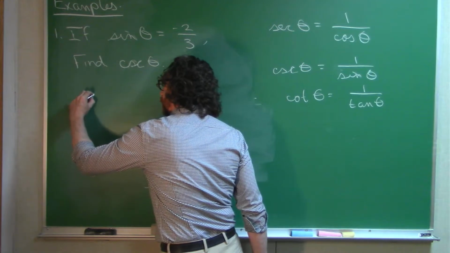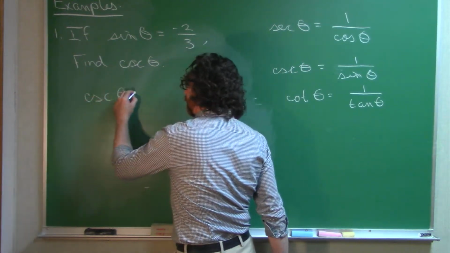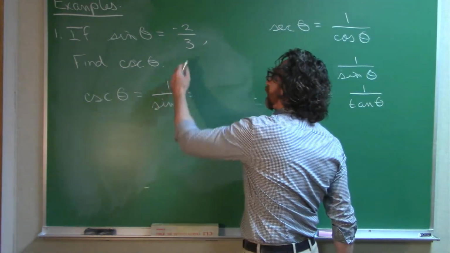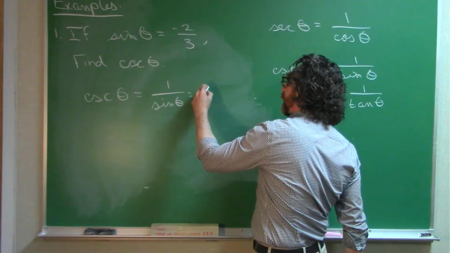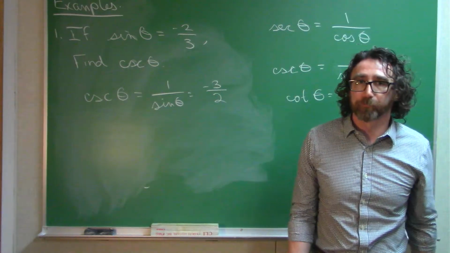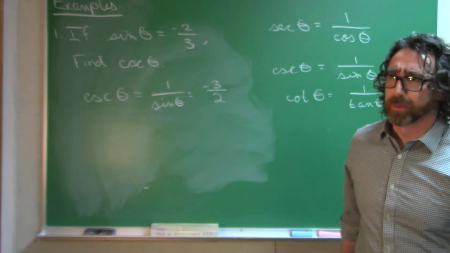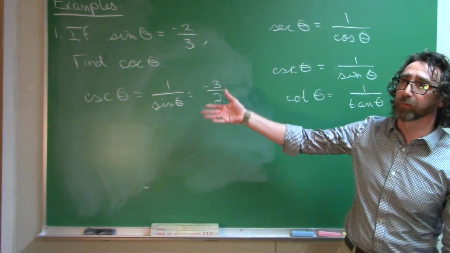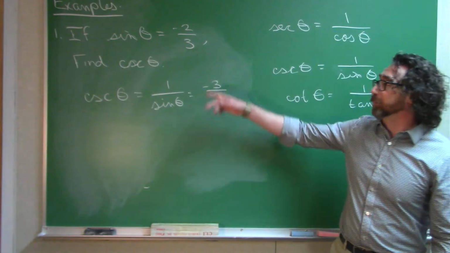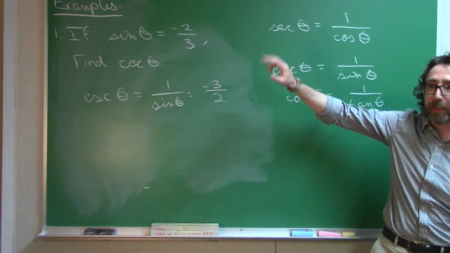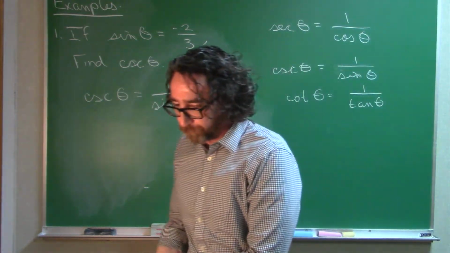According to the reciprocal identities, cosecant theta is the reciprocal of sine theta, and the reciprocal of negative 2/3 is negative 3/2. I'm sure you remember that idea from your algebra course. To take the reciprocal of a fraction, the multiplicative inverse, you swap the numerator and the denominator.